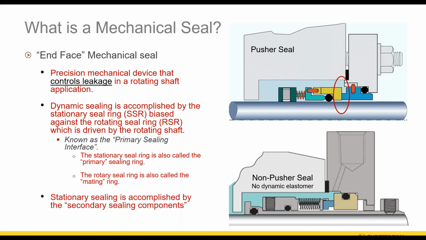And stationary sealing is accomplished with the secondary sealing components we'll talk about in a minute. That's really focusing on the O-rings, gaskets, bellows, really any sealing interface that's not associated with the primary sealing interface. We'll talk a little bit more about that.